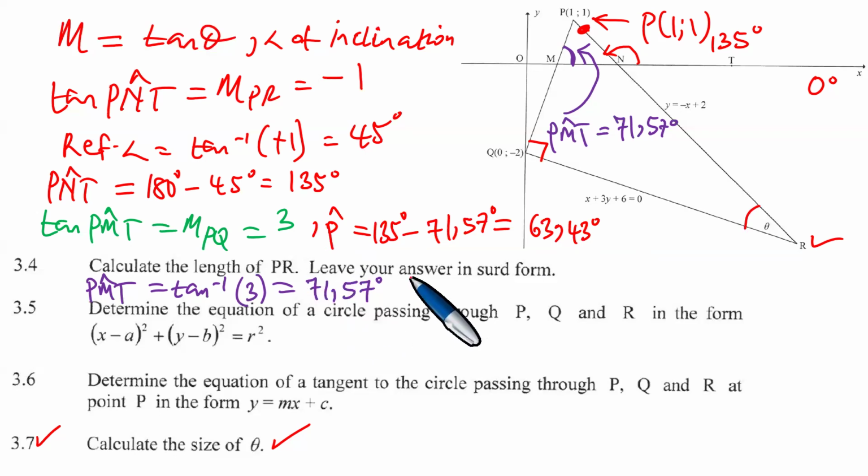So now, if this angle P is 63,43 degrees, we have a triangle that is doing some aerobics.